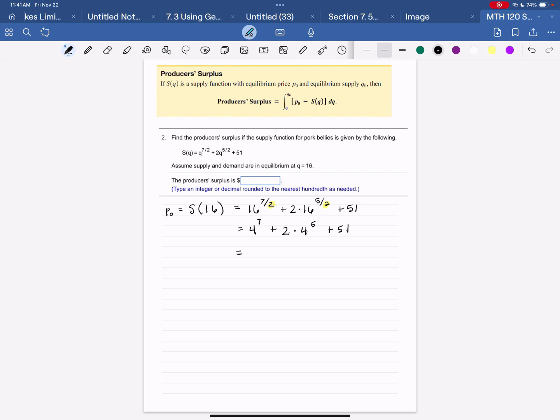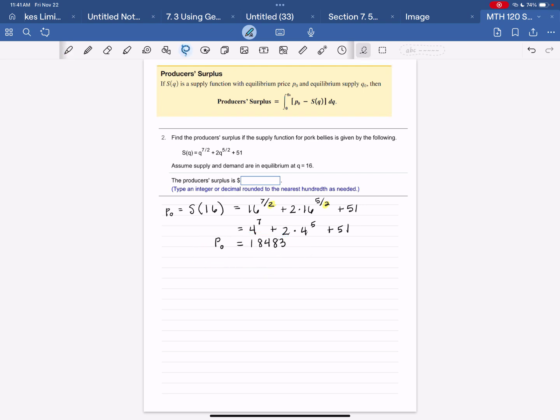And now I'll use my calculator. 4 to the 7th plus 2 times 4 to the 5th plus 51, and that gives me 18,483 for my P naught.